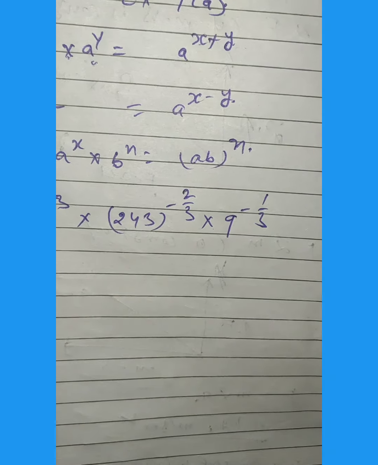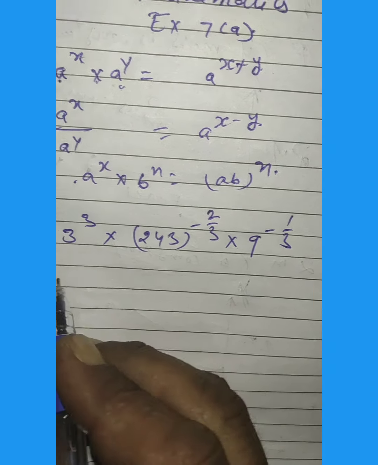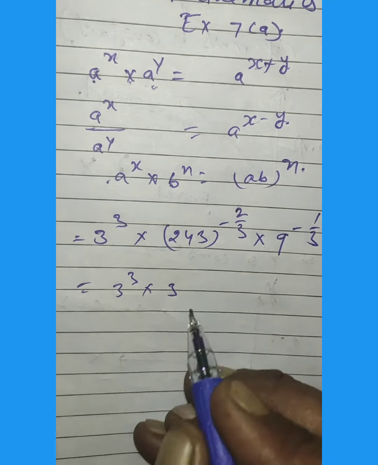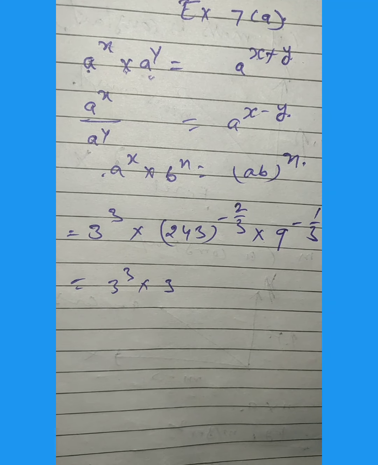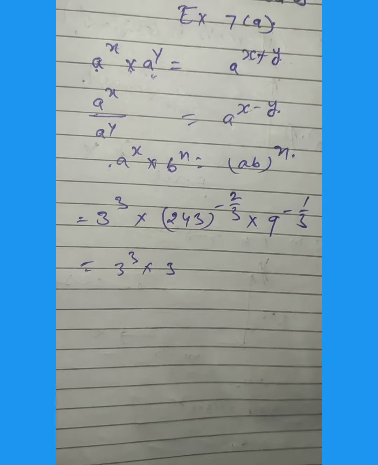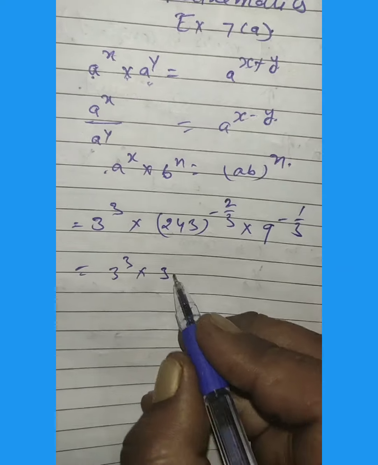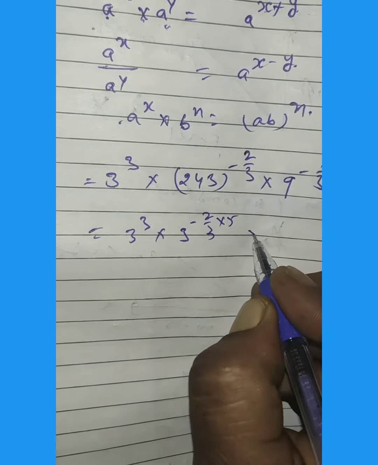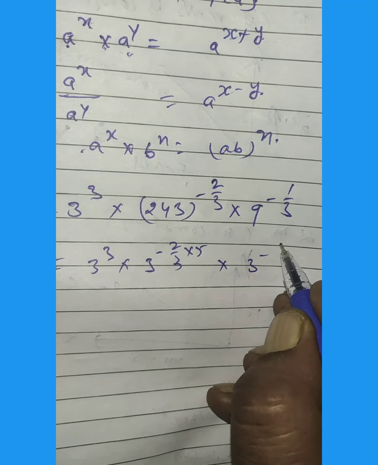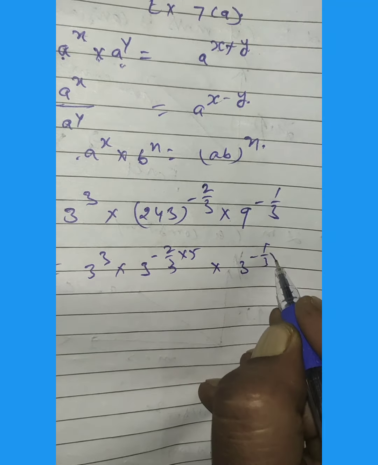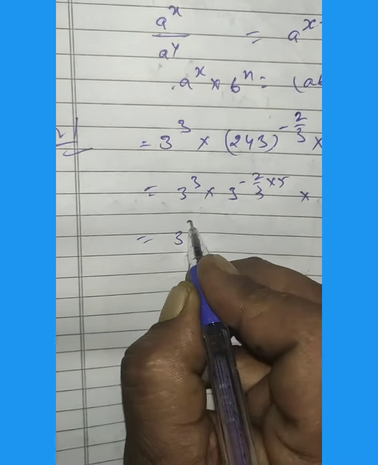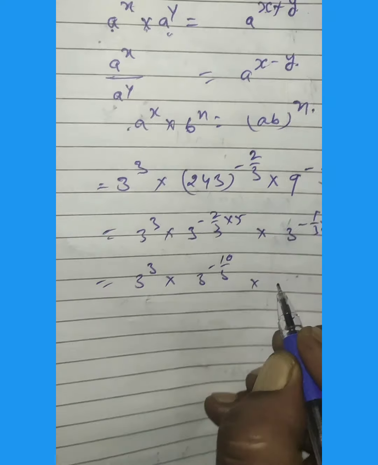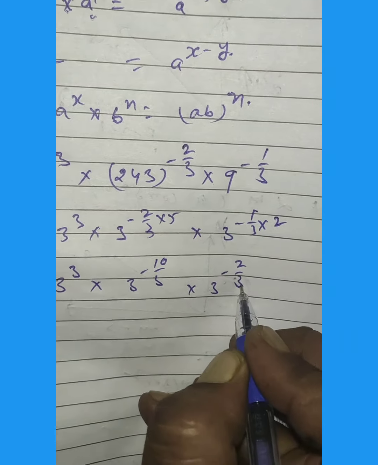First of all, make the bases the same. 3 raised to power 3 into 3 to the 5, since 3 threes are 9, 3 nines are 27, 3 twenty-sevens are 81, 3 eighty-ones are 243. So it will be minus 2 by 3 into 5, and this will be minus 1 by 3 into 2.